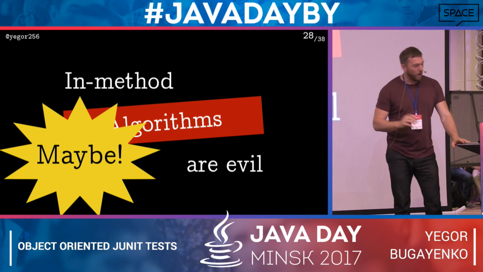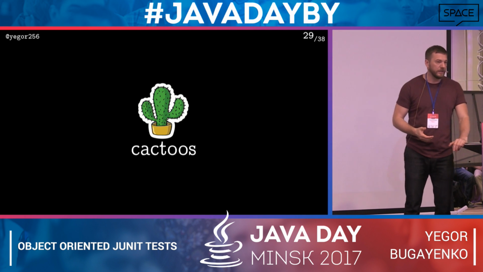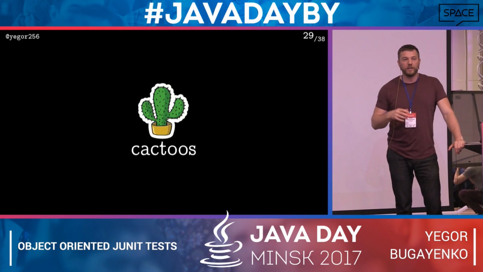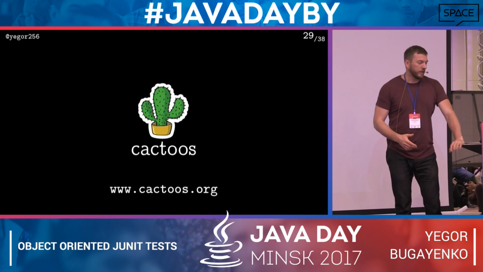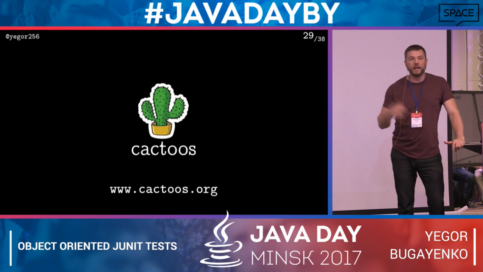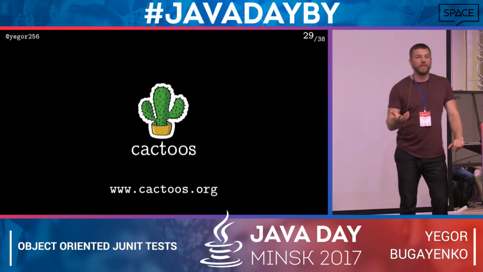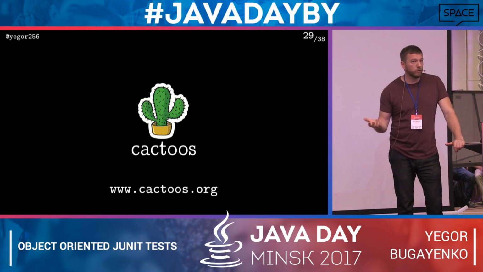Maybe. I'm not sure, but I'm just giving you an idea, and we implemented that idea in a quite fresh framework. It's on GitHub. We started it literally 10 days ago, and inside that framework we tried to implement the idea, and it works. You can look at the code and see how it works.